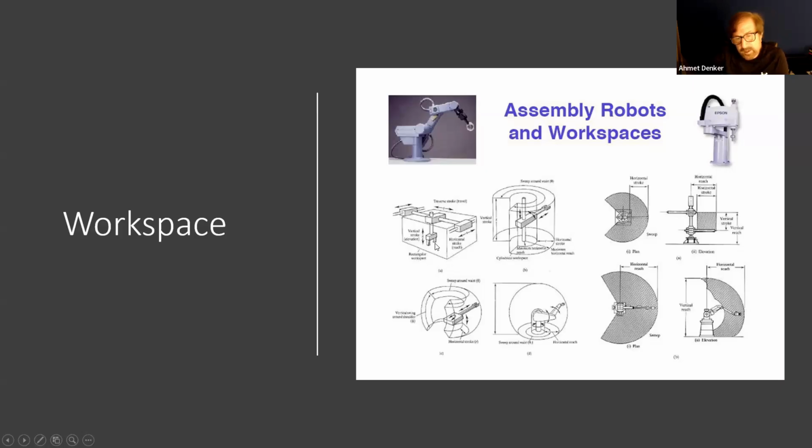So the rectangular workspace, now remember that we defined 2 types of joints, prismatic and revolute. When I'm talking about a rectangular workspace, I'm talking about a robotic structure which is only composed of prismatic joints.